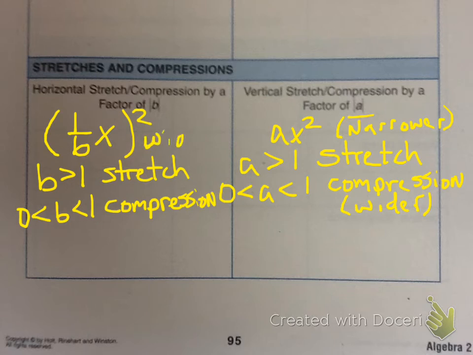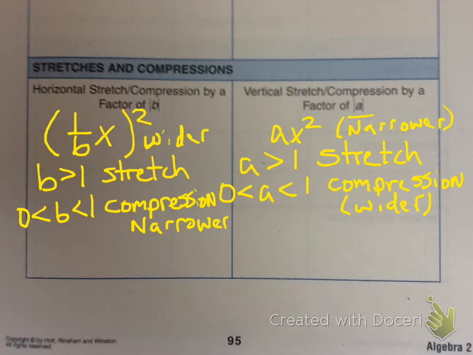But those are horizontal. Now, a horizontal stretch actually makes it wider because it's stretching away from the y-axis. A horizontal compression will actually make the graph look narrower because it's compressing towards the y-axis.